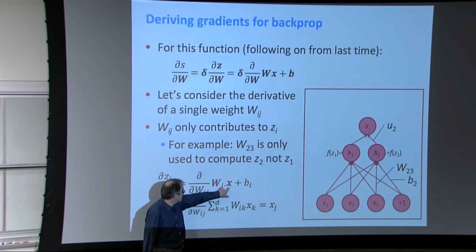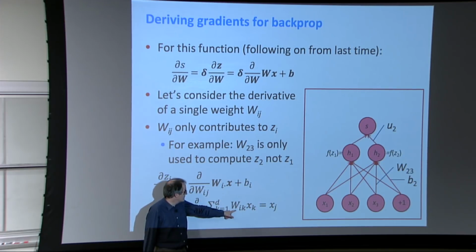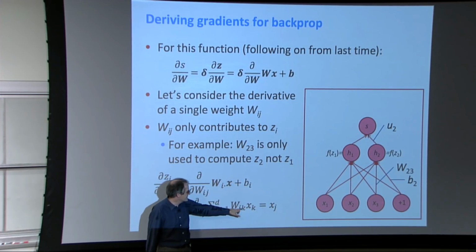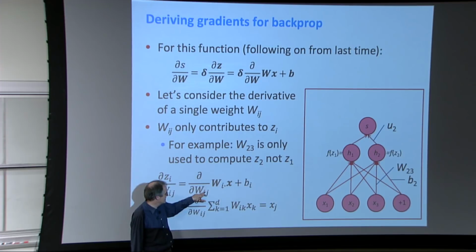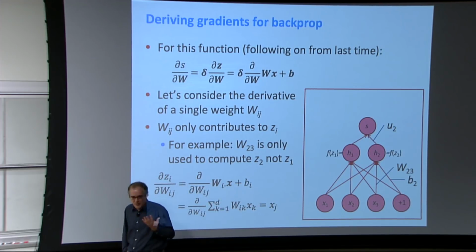And when we look at this multiplication here, what we end up with is a sum of terms, Wik times xk, where there are weights in that row of the matrix going across the positions of the vector. So the only position in which Wij is used is multiplying by xj.